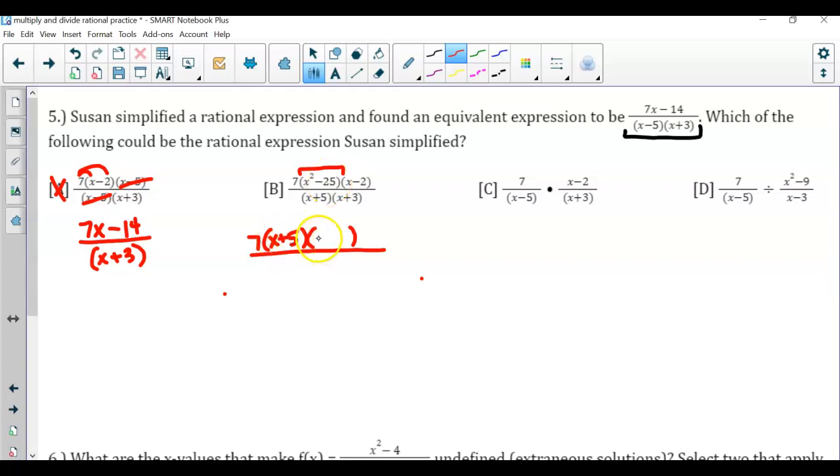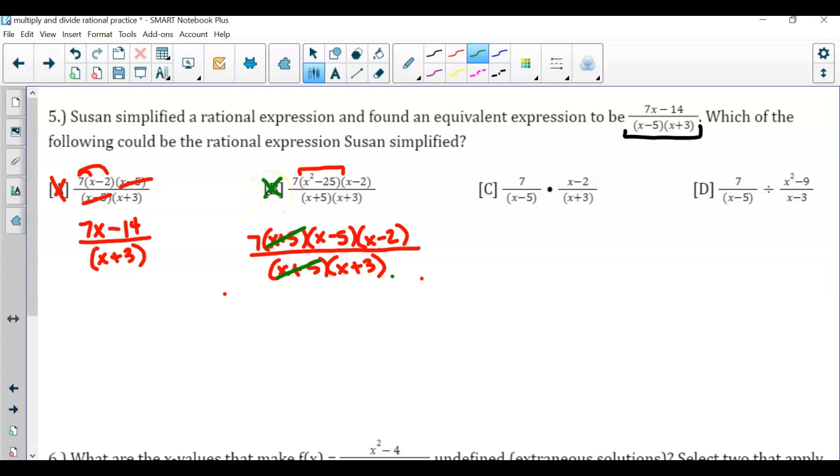So x plus 5 times x minus 5, and then continue because I can't factor x minus 2 over x plus 5 times x plus 3. So now notice here, I could cancel out my x plus 5, but then that's it. Now notice here, I've got 7 times x minus 5 is in the numerator, not the denominator where we need it to be. So B is not my answer.